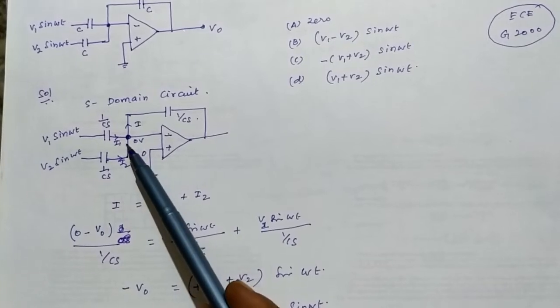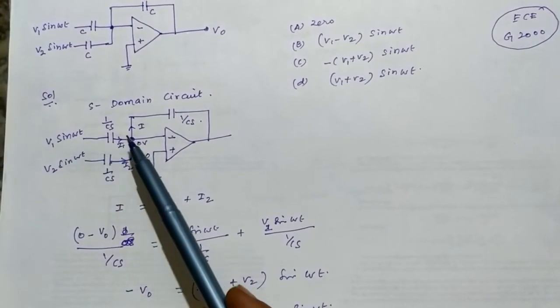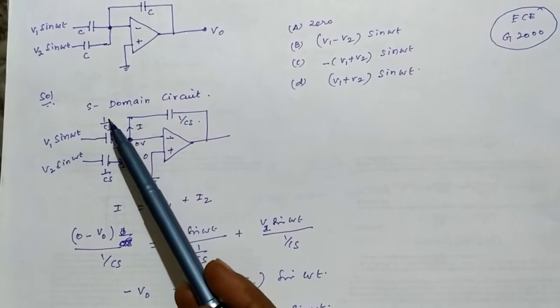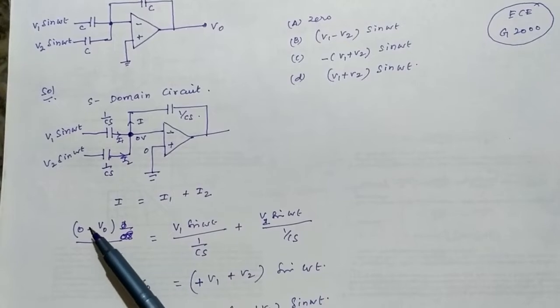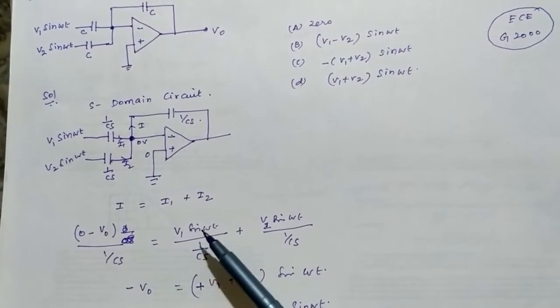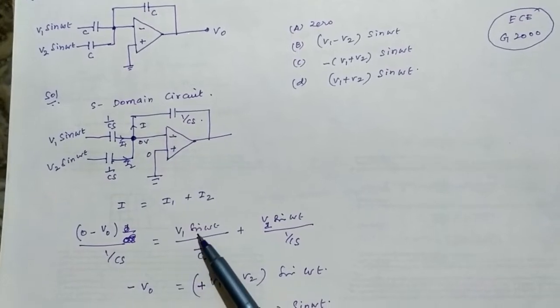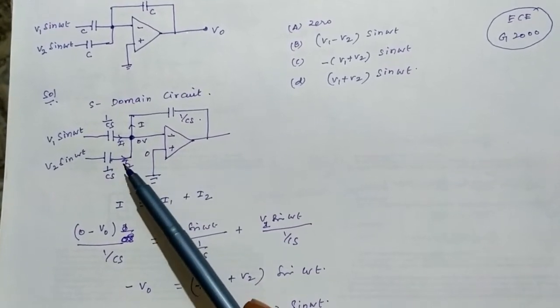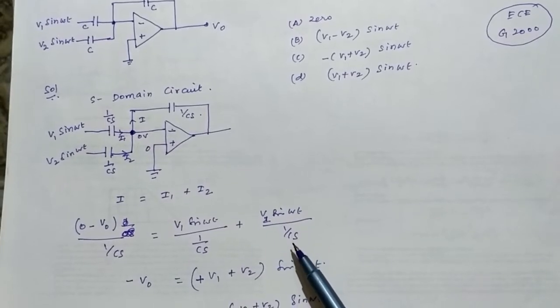Now I1 is nothing but the potential difference, that is V1 sin omega t minus 0, divided by the impedance value 1 by Cs. Similarly, I2 is V2 sin omega t over 1 by Cs.